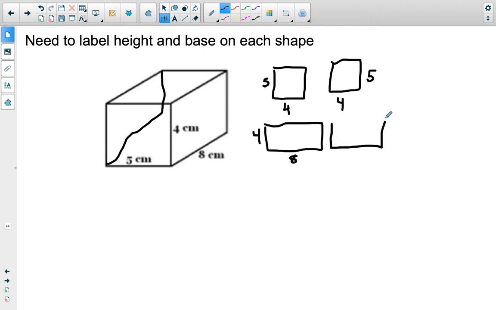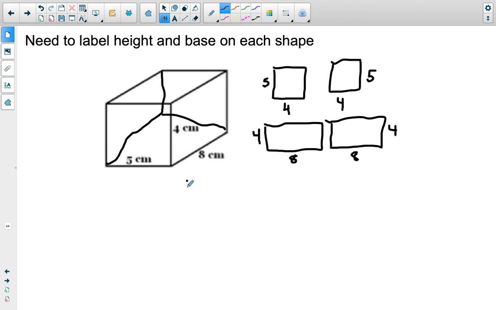Since this is a rectangular prism, I should have a total of 6 sides on this thing. So I need 2 more rectangles. And they are my top. Let me draw this. My bottom down here and my top up here. And they are both 8 by 5. That is a terrible drawing the way I did this, but you get the idea. 8 by 5, and the top is also 8 by 5.